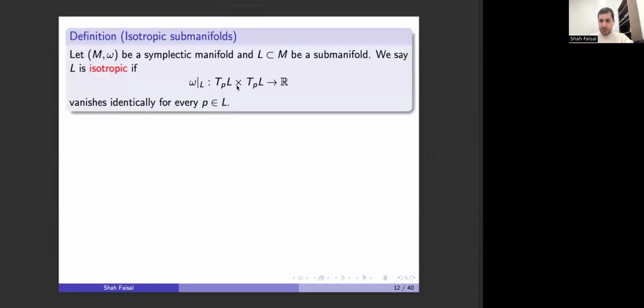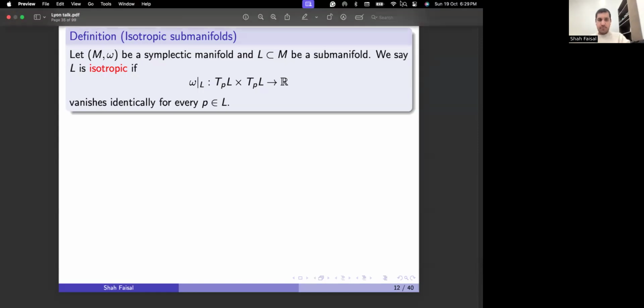In symplectic topology, we have two types of special submanifolds. One is symplectic submanifolds, where the symplectic form restricts to a symplectic form on the submanifold. And there's another type where the restriction of the symplectic form completely vanishes. I will talk about the ones on which the symplectic form vanishes, and they are called isotropic submanifolds.